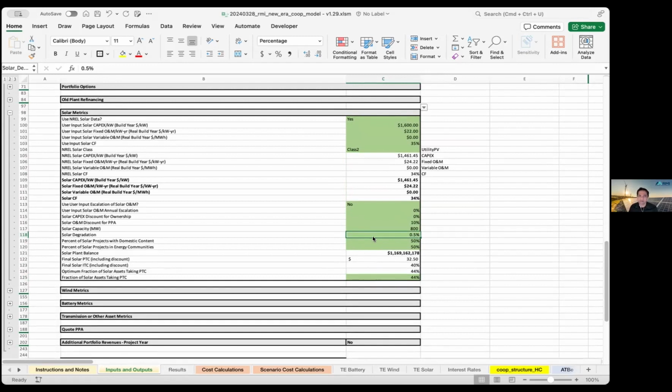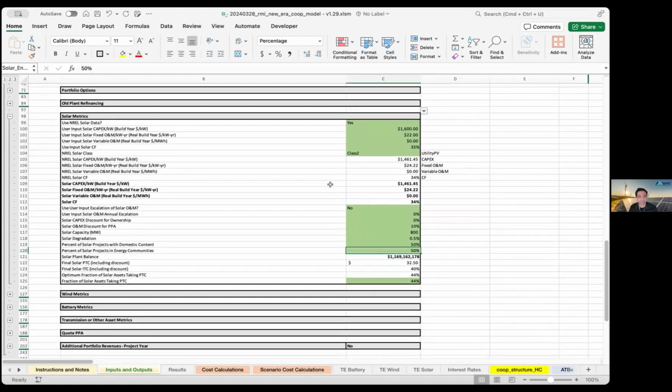So this is not necessarily as easy to figure out. One of the advantages of using the model to optimize it is that it does a search to figure out what that optimum fraction really looks like, given the choices that you make on the domestic content and energy community adders and the particular characteristics of your asset.